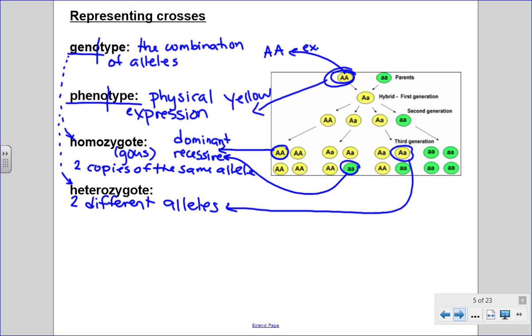Otherwise, you don't know if it means two capital or two lowercase letters. So those four words you will see very frequently when we're talking about crosses. Does anyone want to ask any questions about those vocabulary words? So we are finally getting to how to actually do a cross, and some of you might have seen this before.